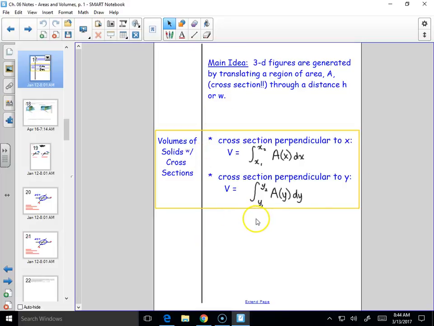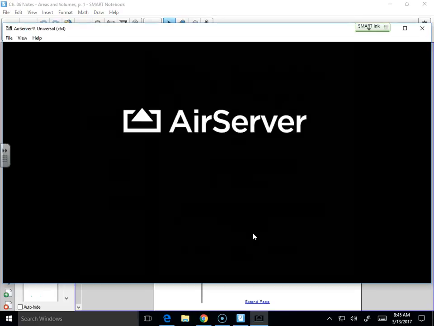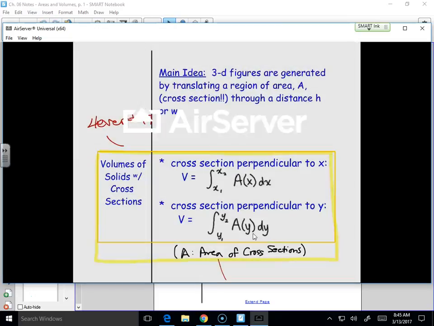Underneath the box, area of cross sections. And I believe this is forever number 47? Okay, forever number 47.